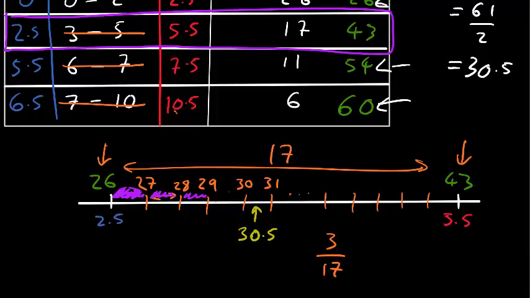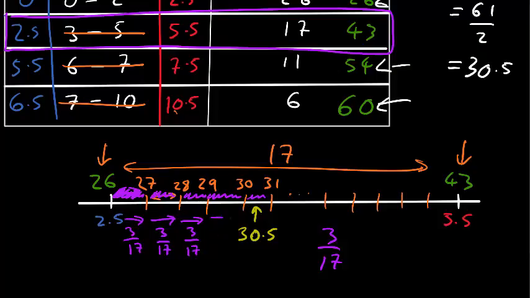Each one of these intervals is worth 3/17. So I start at 2.5 and move 3/17, so I've got 2.5 plus 3/17. Then I add another 3/17, then another 3/17, then another 3/17. But in order to get the 30.5th value, I'm going to have to move half of 3/17.